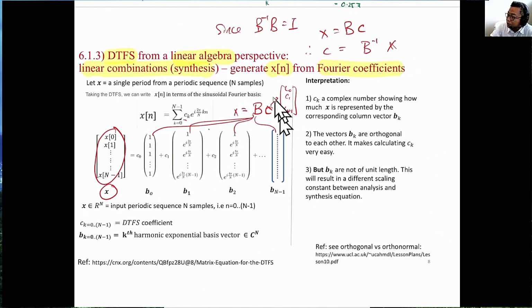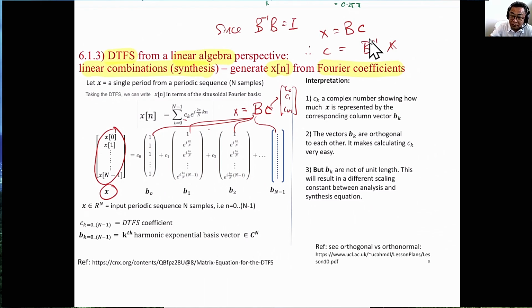So from a linear algebra perspective, it is now obvious what c is. c uses the B inverse matrix to transform x into the coefficients. To reconstruct x, we use c times the B matrix. B and B inverse are nothing but inverses of each other.